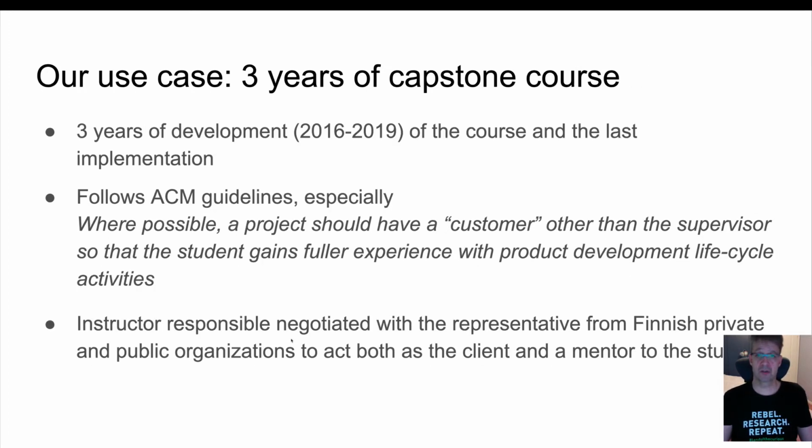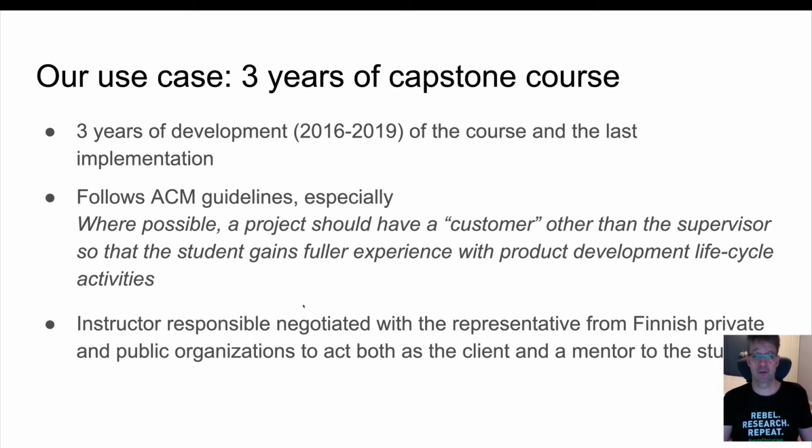The capstone we are talking about here is basically a capstone that we have been developing for the last 3 years. The first time we implemented it this way was 2016, and the results of this paper are based on the last implementation in 2019.